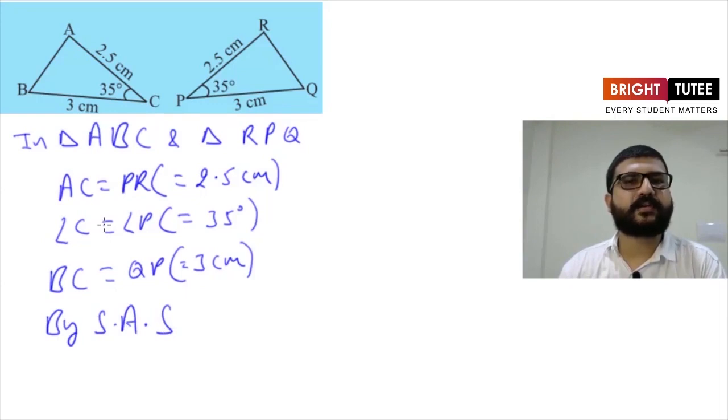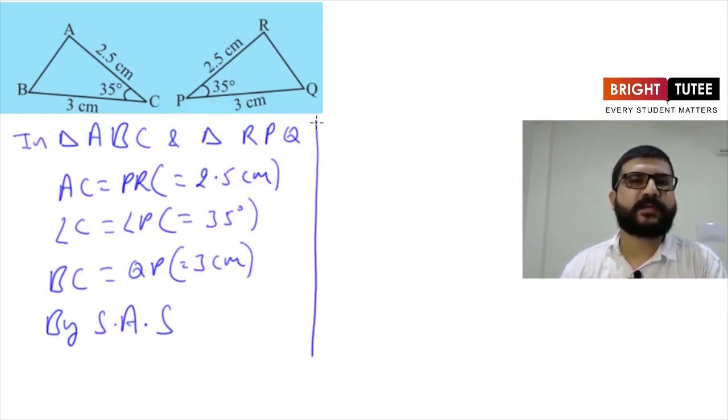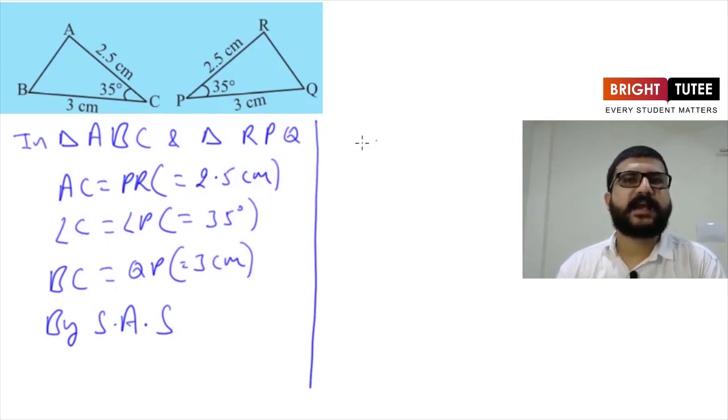Now how to write congruency relation? For that we need corresponding vertices. So here one of the angles, angle C is equal to angle P. So it means C corresponds to P. These two vertices correspond to each other, and then AC is equal to PR. So here AC is 2.5 centimeters and this is equal to PR.